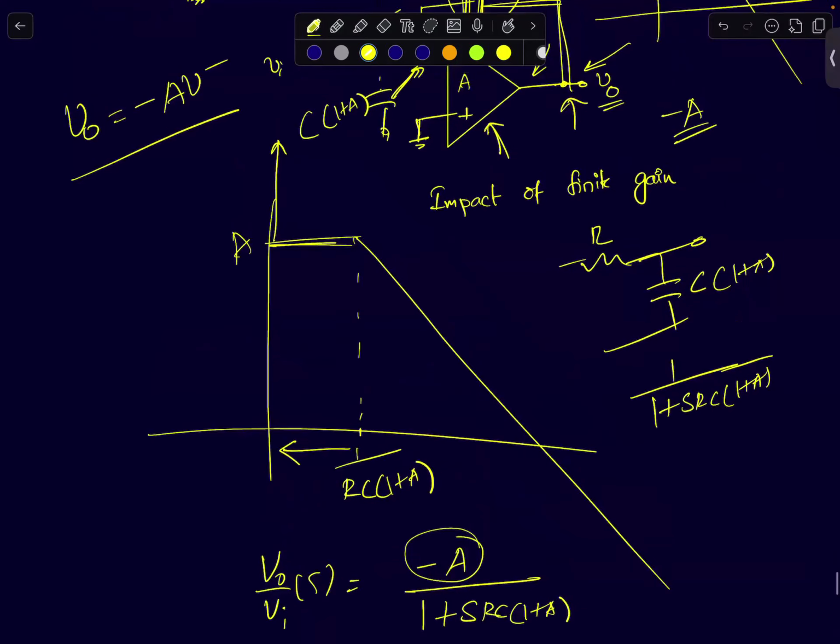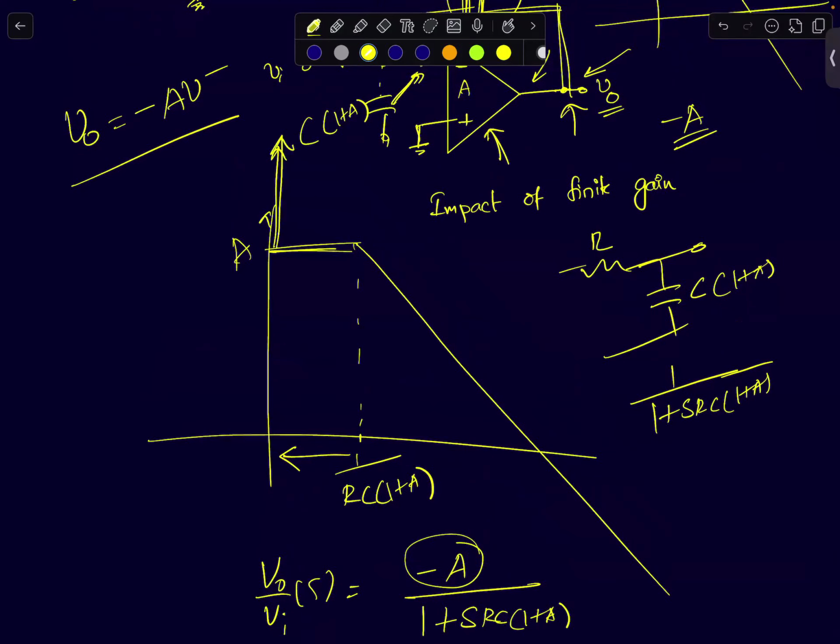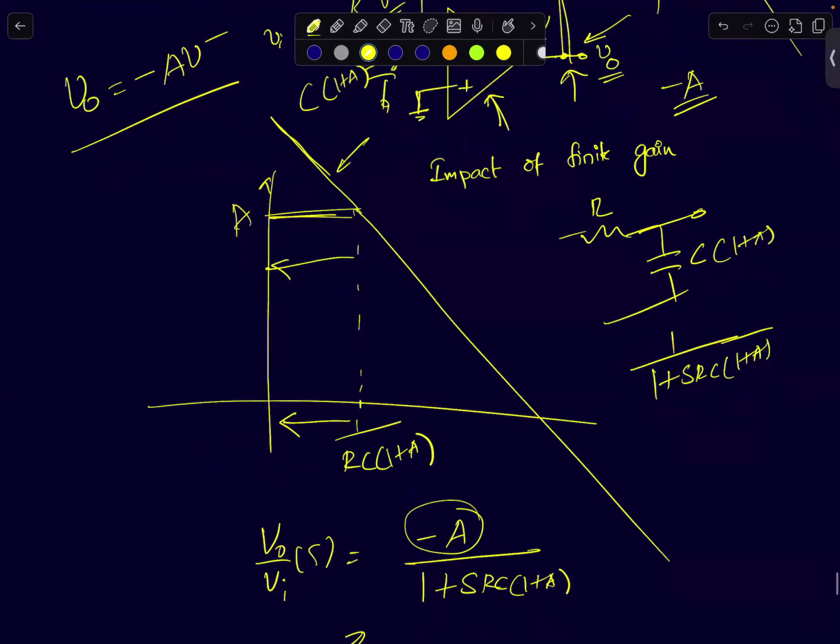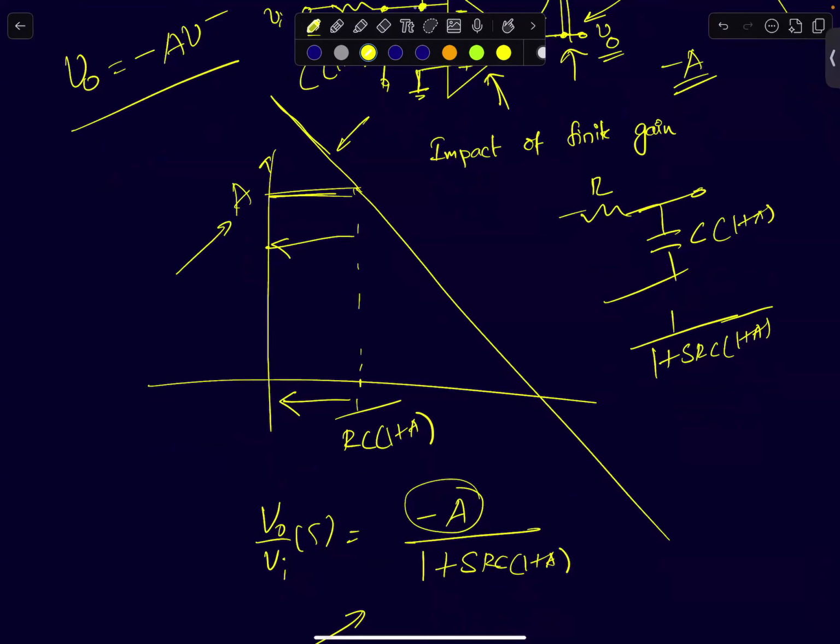The graph will become like this. It will go to infinity for an ideal op-amp. So an integrator with a finite gain acts like a low pass filter, and the DC gain of this low pass filter is the op-amp's DC gain itself.